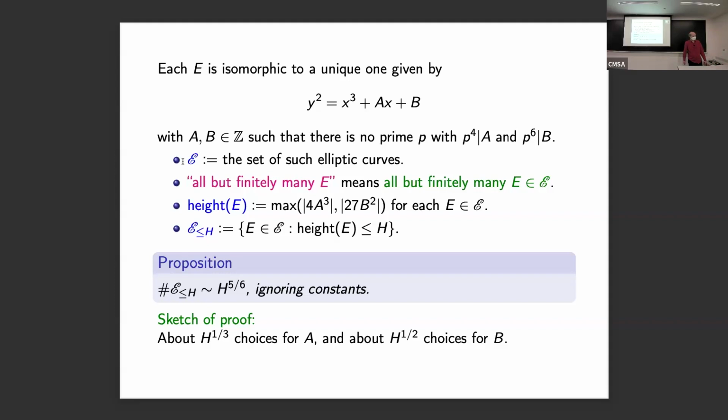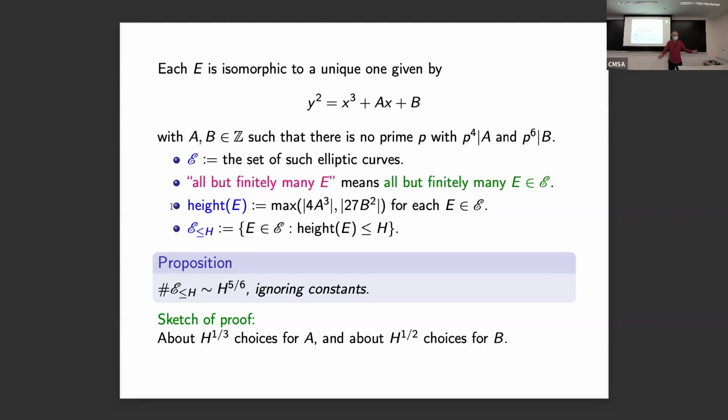When we say something holds for all but finitely many elliptic curves, that means all but finitely many isomorphism classes, or all but finitely many E in this set. We're going to want to ask questions like, what is the average rank?